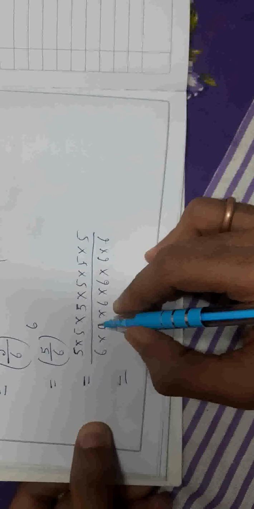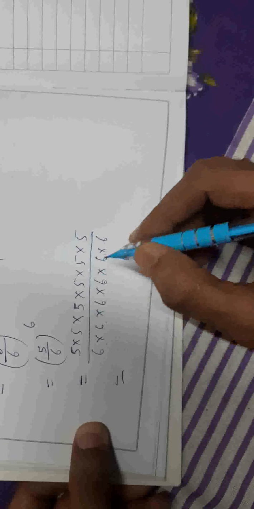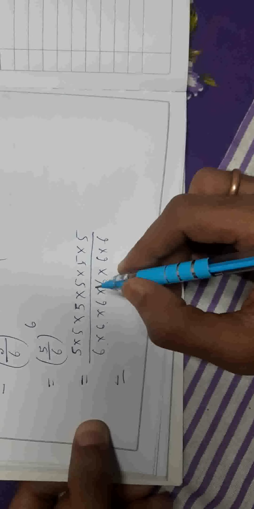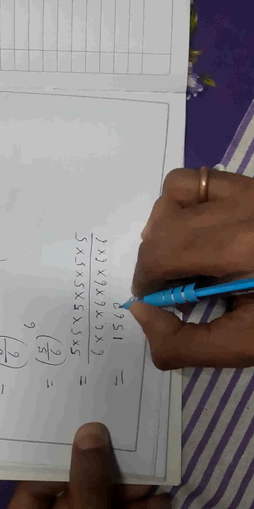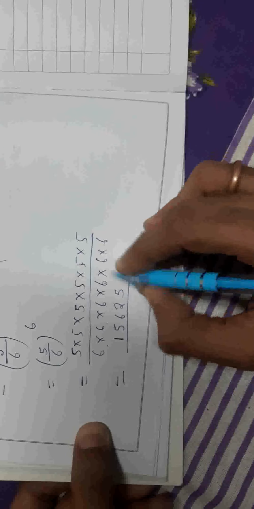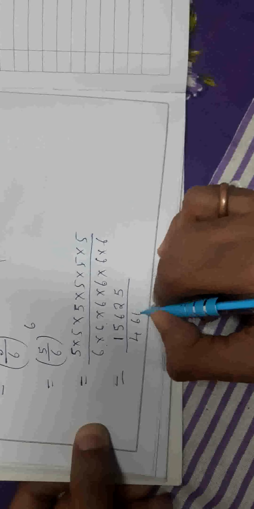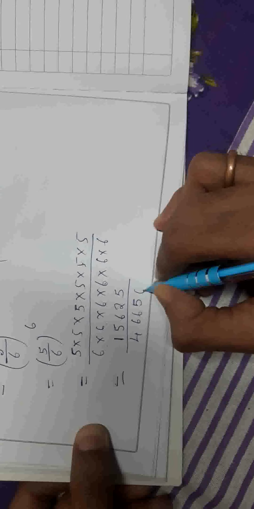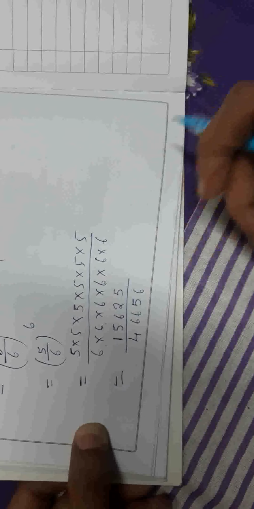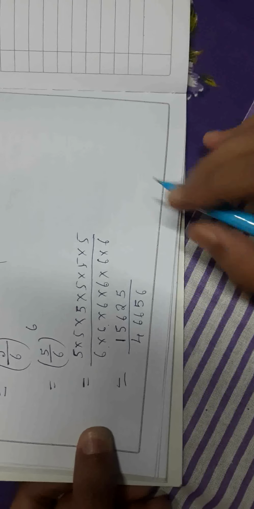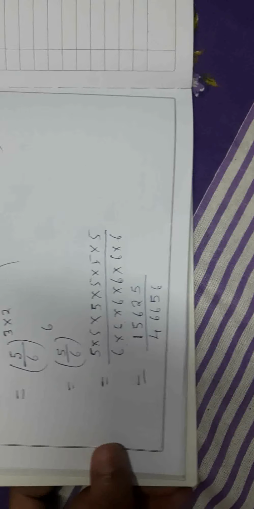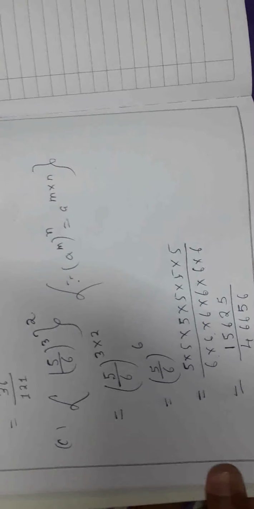So if I go on multiplying all these values, I'll be getting the answer as 15625 divided by 46656. All these calculations all of you can cross-examine. So this is the third question, that is question number C.